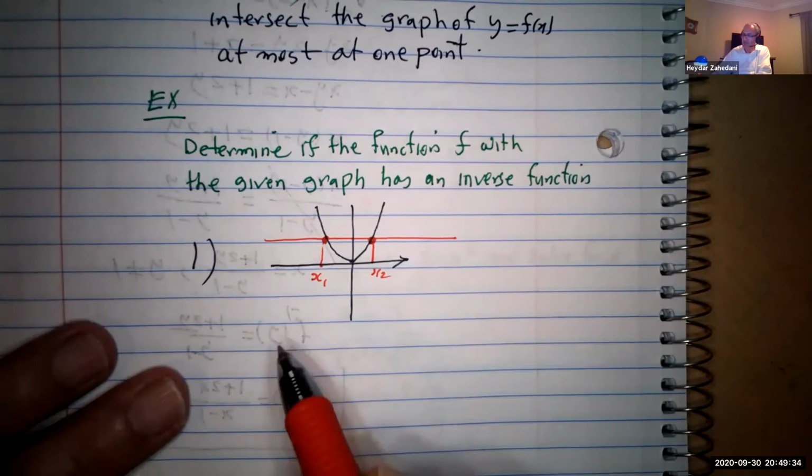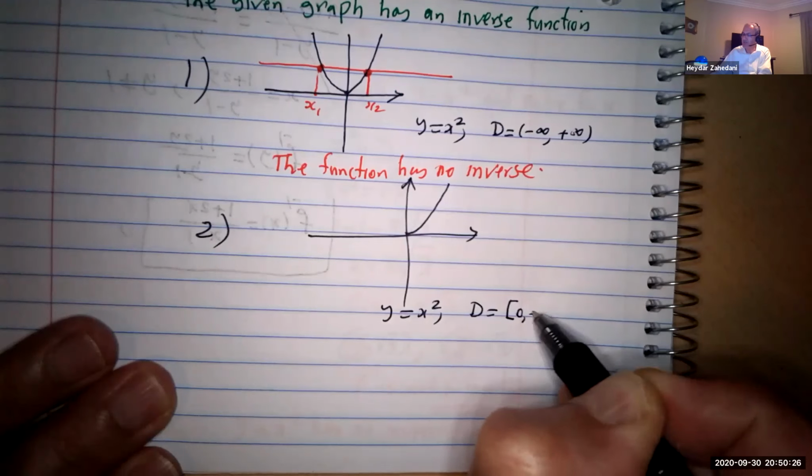But if you restrict it, look at this one. It is y equal to x squared, but you just consider x to be positive. If you like, this is y equal to x squared with the domain of negative infinity to positive infinity. But this is y equal to x squared with the domain of positive numbers only.